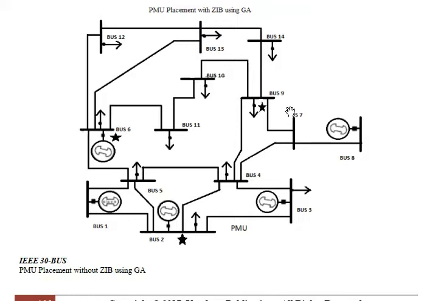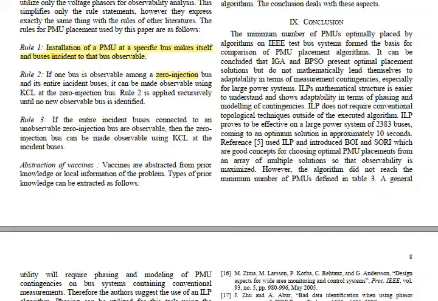So among zero injection buses and their entire incident buses, they can be made observable using KCL if one of the zero injection buses is observable.